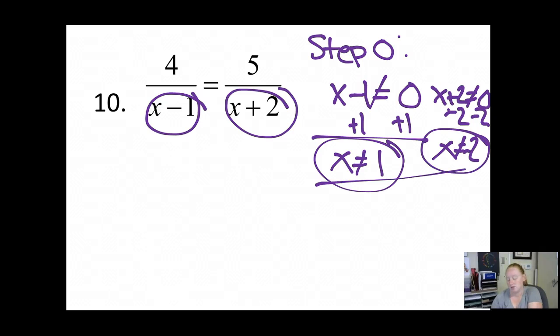Okay, so these are two things that we have to come back and check with. They aren't answers, okay, but they have to be a part of your answer in order for you to get full credit. So once I've done that, setting it equal to 0, that's step 0, I'm just coming back to this problem and treating it like a normal problem.